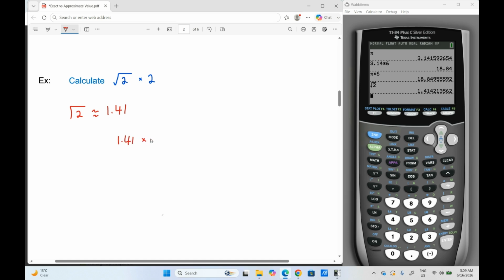So if you took 1.41 and you multiplied it by 2, you're going to get a much different answer than if you took root 2, the square root of 2, and times it by 2. So in this case, I'm getting 2.82.